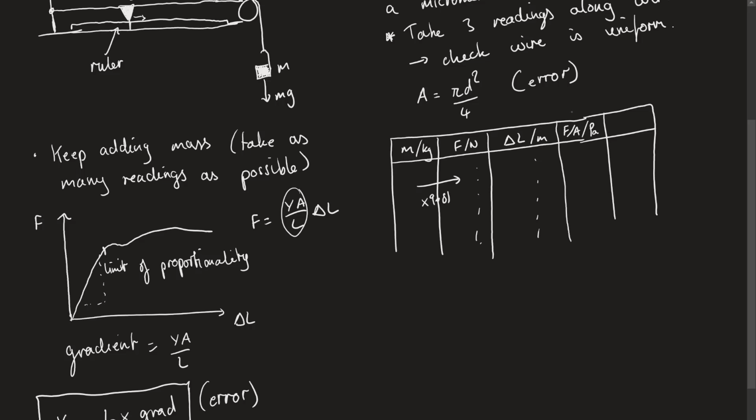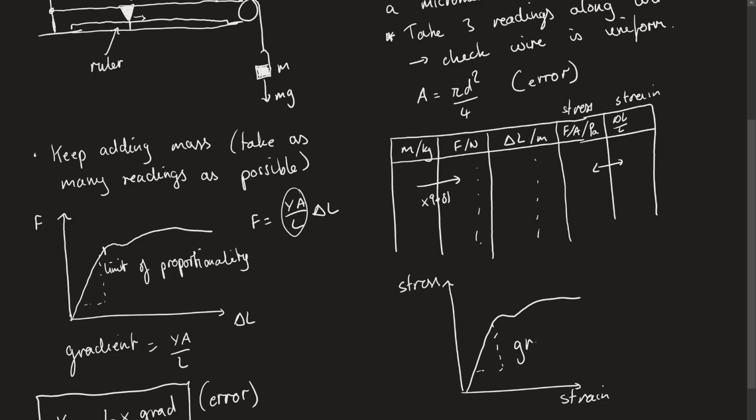And this would basically be your stress. And then you could do delta L over L with no units, and that's going to be your strain. And then you would plot these two columns against each other. You would end up with a stress against strain graph with the same shape, except you'll have a different gradient here. Your gradient here would be directly equal to Y, and make sure you have your errors.